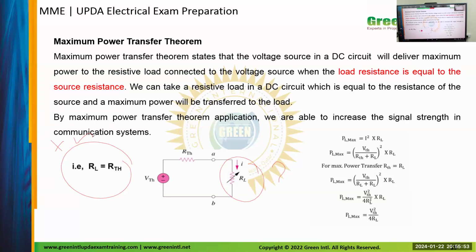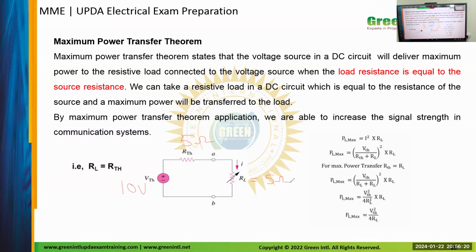Now, for example, say here we have 10 volts, and here the internal resistance of the circuit is RTH. Find the value of RL. What is the value? Because RL is equal to RTH, we find it by using the maximum power transfer condition, and under this condition, we are getting the maximum power.